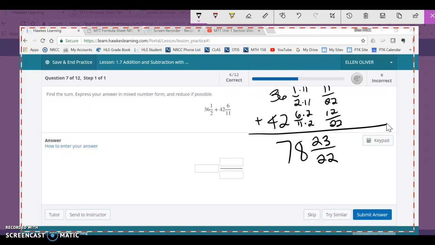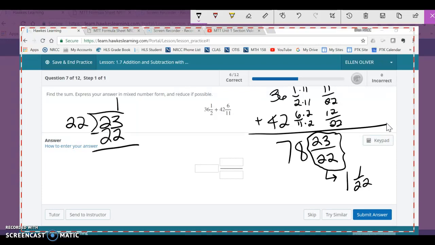Now, pay attention here because this guy right here is improper. If all you had was 23 over 22, that would equal 1 and 1/22, right? 22 goes into 23 one complete time with 1 left over. 1 and 1/22.